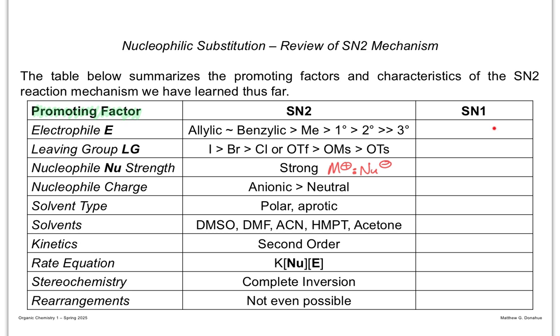So it's a unimolecular mechanism. The kinetics only depend on the concentration of the electrophile. In the last row, if this says not possible for SN2, what do you think it should say here? Possible.